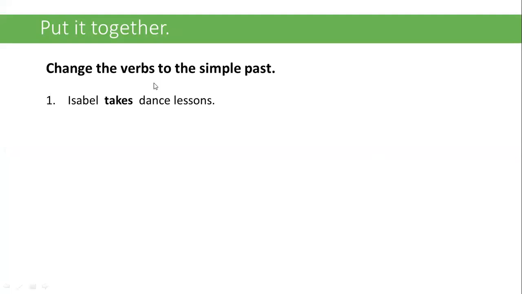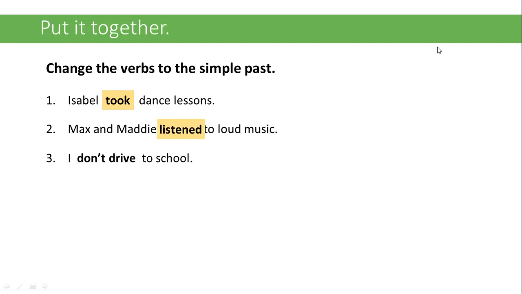So if you want to change the verb to be past, it becomes verb two, the second verb. Yeah, took. How about listen? Max and Mehdi listen to loud music. It becomes, yeah, listened.